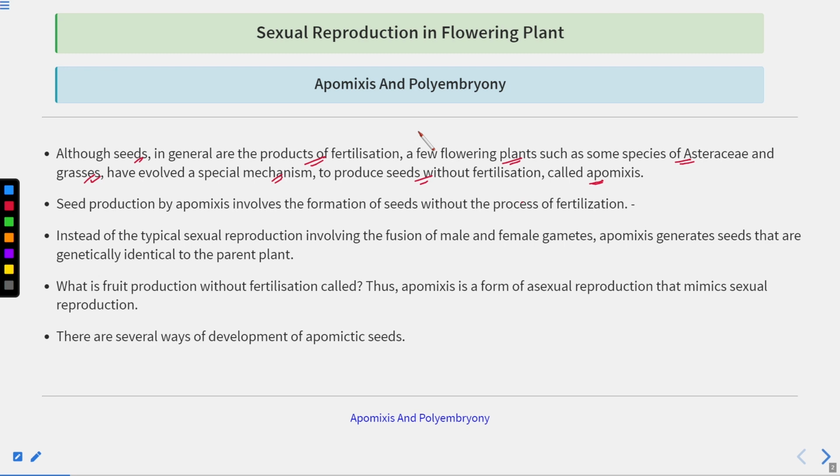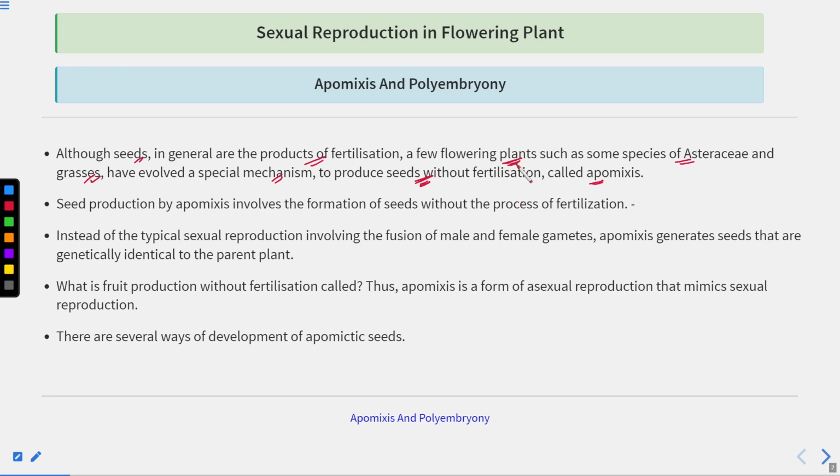Generally the seeds are produced from the mature ovule, but in this case without fertilization seeds are being produced. So this is a special kind of mechanism. It is a kind of asexual reproduction.